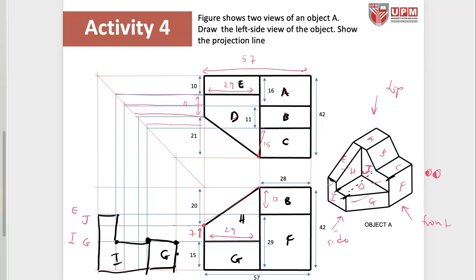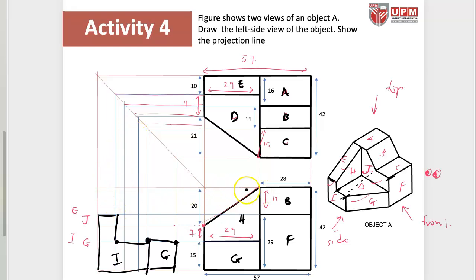Okay, so E. So E has to be aligned with I. This side of I is at least like that. That is where E is, but it ends at A. No, it doesn't end at A. So it's much shorter than A. So we can't follow A. So we follow this, but where does it end?